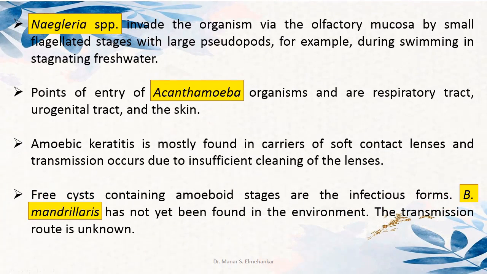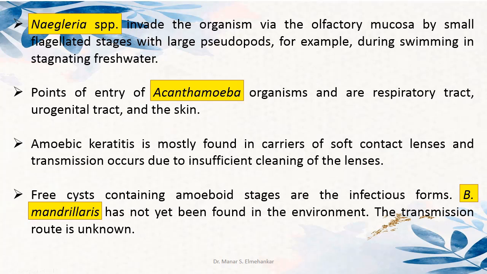About Naegleria, it invades the organism via the olfactory mucosa by small flagellated stages with large pseudopods, for example, during swimming in stagnant fresh water. About Acanthamoeba transmission, points of entry of Acanthamoeba are the respiratory and urogenital tracts and the skin.